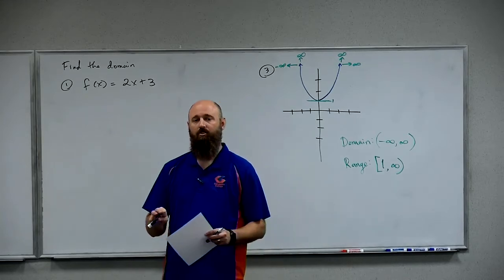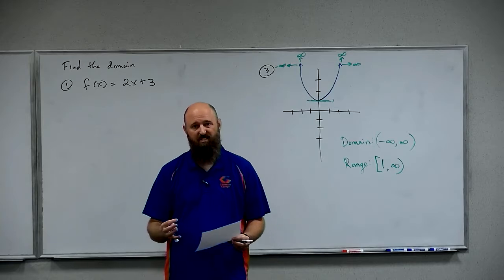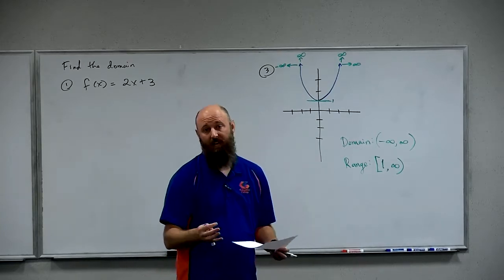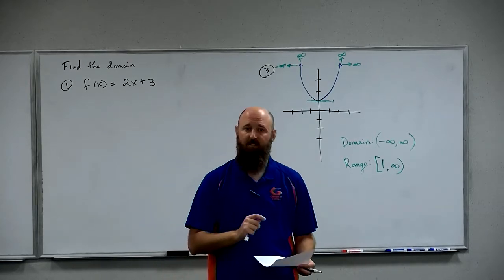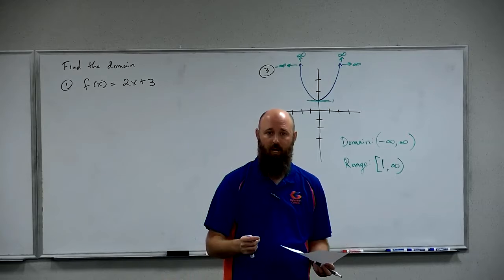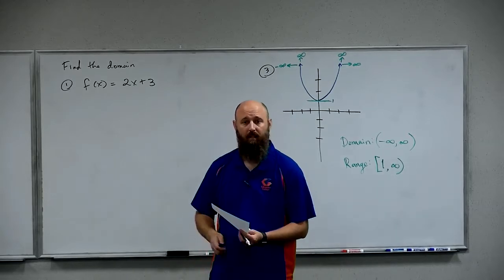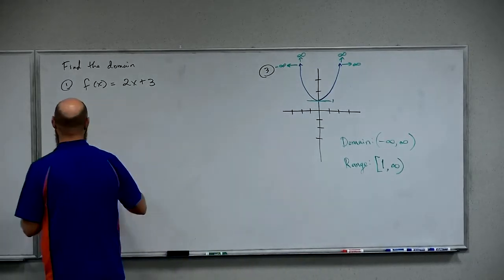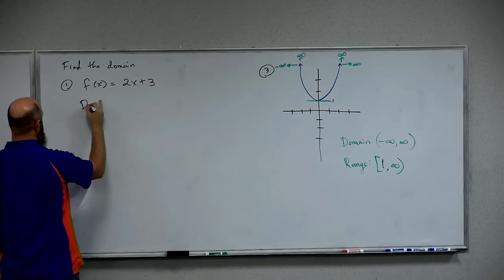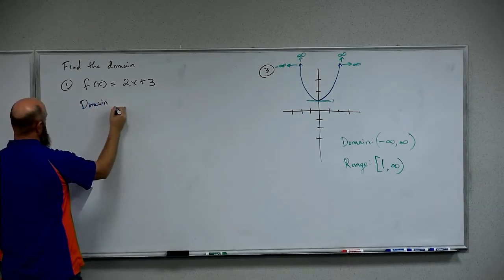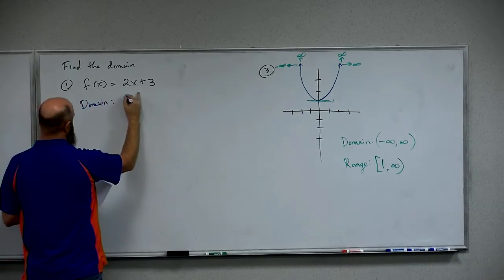Okay. So really our question for this section is, do we have a fraction with x or a variable on the bottom? Here I do not. So since I do not, that means that my domain is all real numbers.